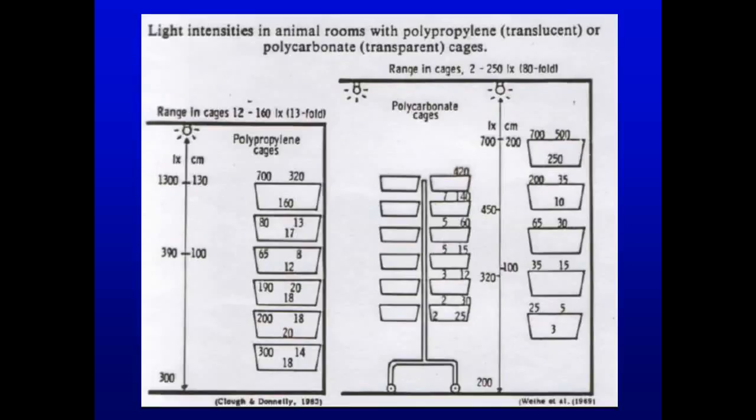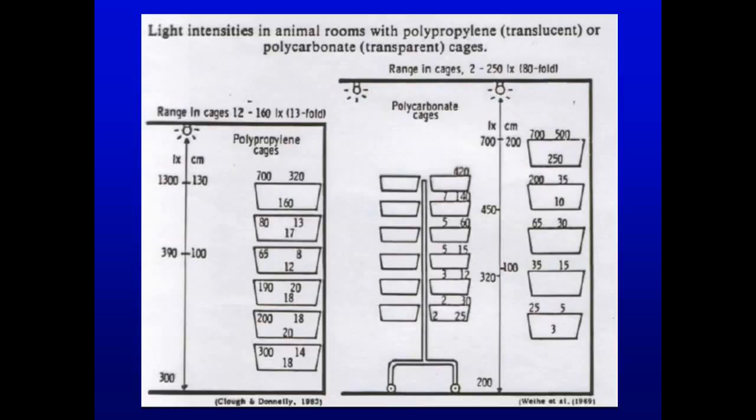And this is a fairly ancient set of work looking at an animal house and the effect of lighting on rodent caging within it. It's only really worth looking at the grouping on the far right, where you have got a light source which is in the ceiling.